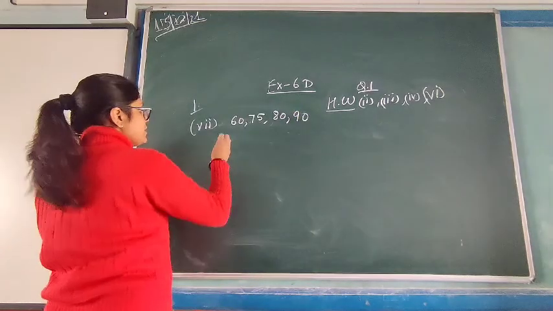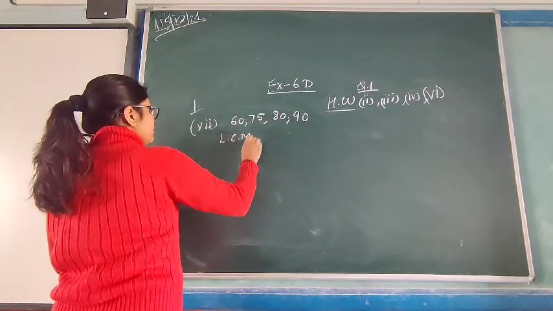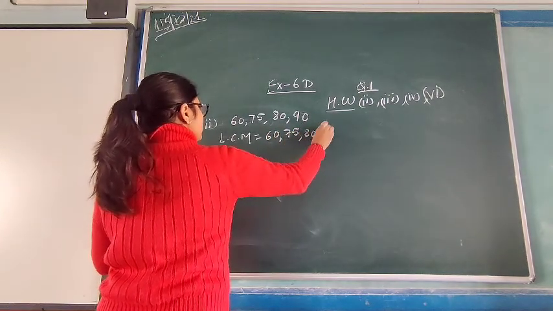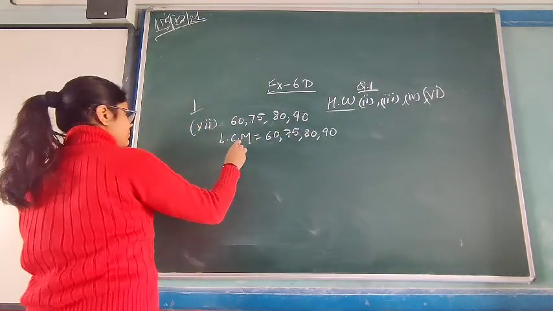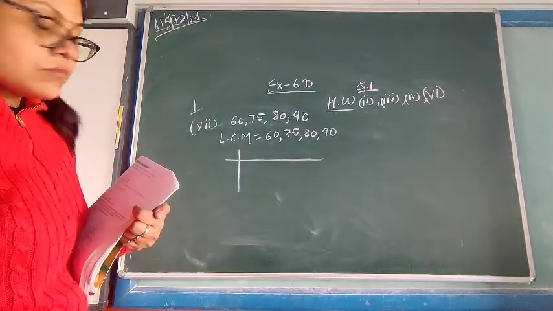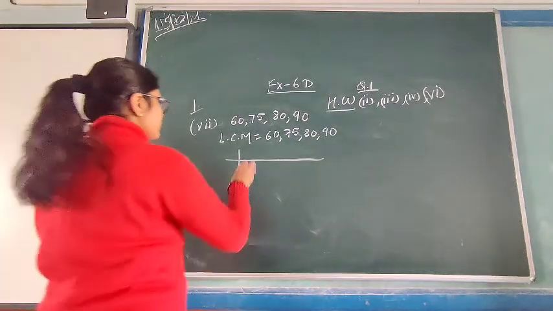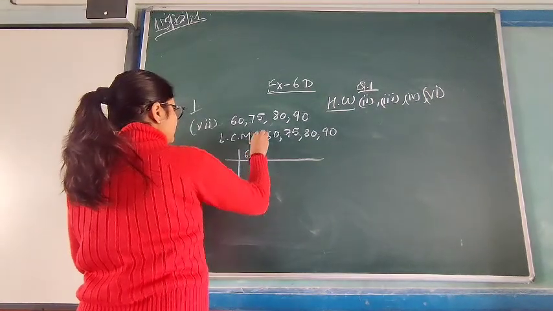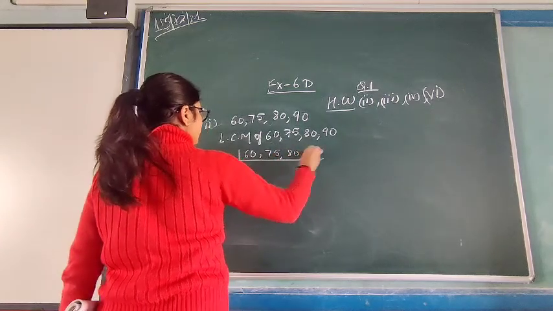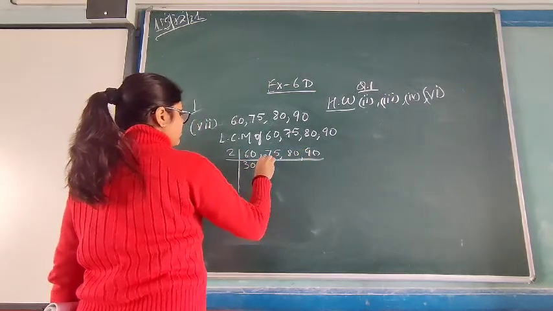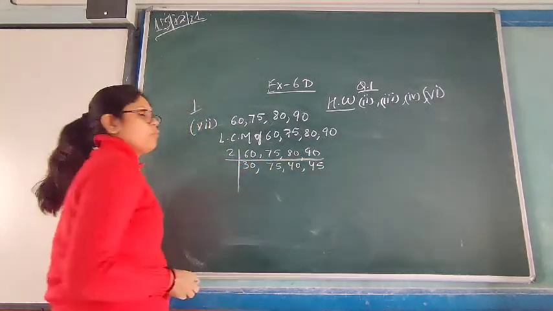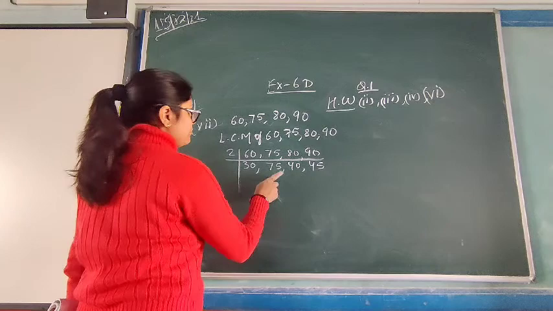So how will you take out LCM? When I divide by 2, this will come.